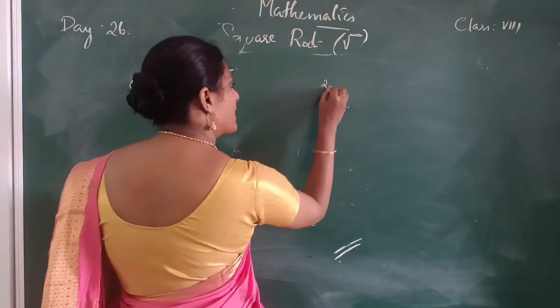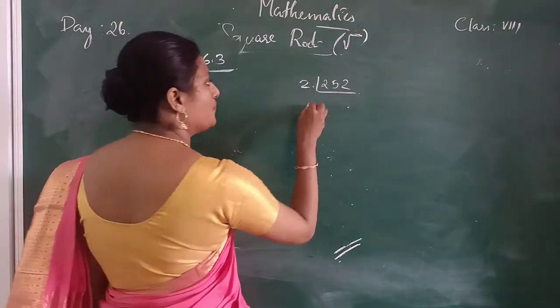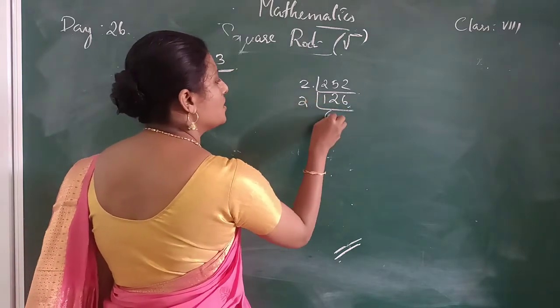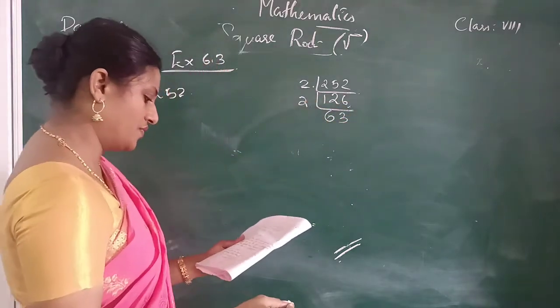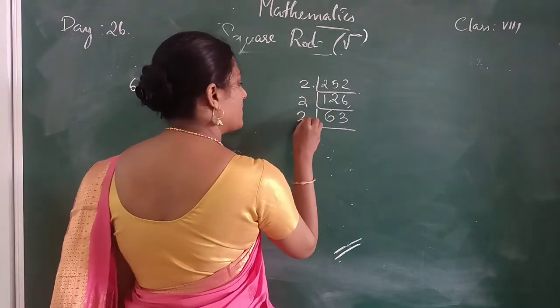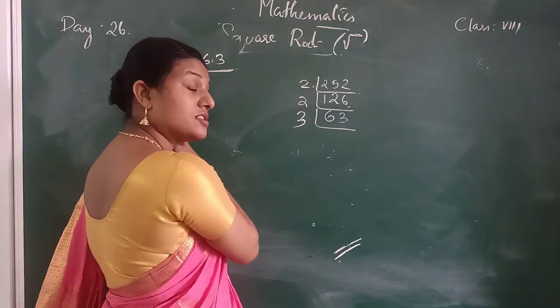So first you have to factorize 252. Even number, you can divide it by 2. You will get 126. Next divide by 2. You will get 63. Again dividing by 2, no, you can't divide it by 2 because it's not an even number.